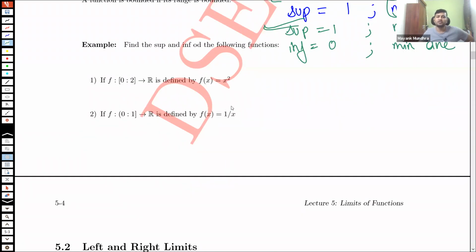Then we have a bunch of functions for which you need to find the supremum and infimum. Let's look at this function, defined on [0, 2]. This should have been [0, 2]; I don't know why I've written a colon. The function is defined on [0, 2] such that f(x) = x squared. What is going to be the supremum and what's going to be the infimum?